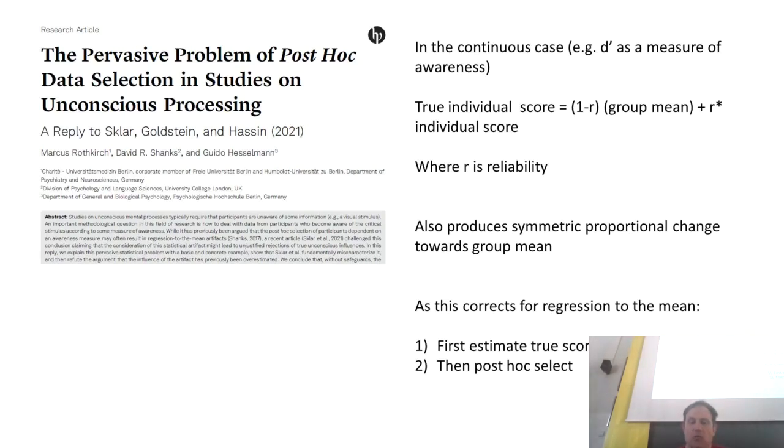So I think there's two things there. One is, could you do this on a participant by participant basis? Yes, for each participant you could do this process individually.